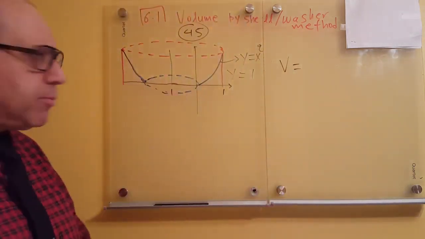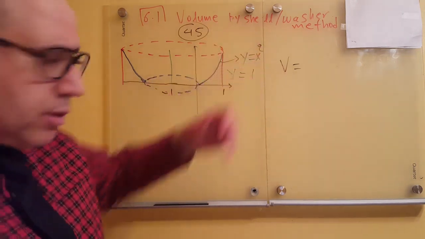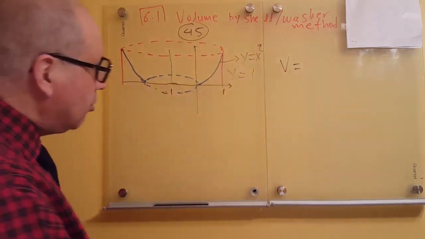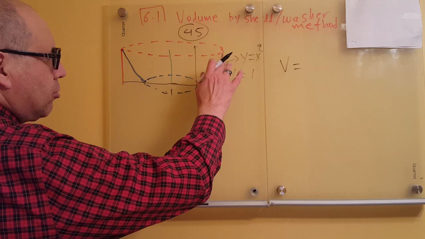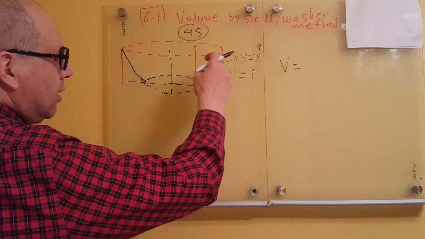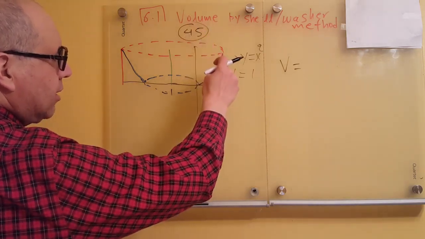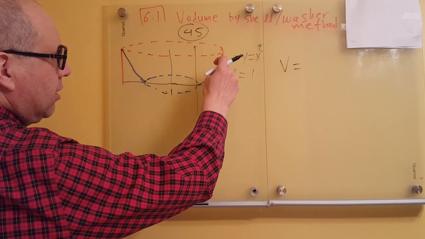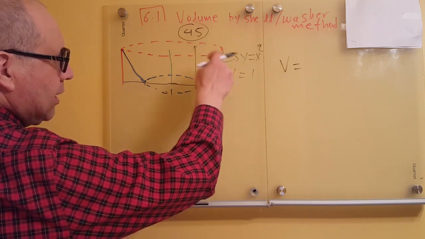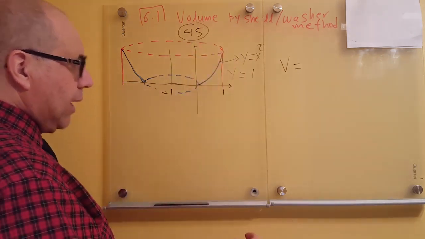Okay, it's the same principle. It's the washer method, but now, like the radius, if we were rotating with respect to the y-axis, the radius will be, for the red line, from the red line to the y-axis.